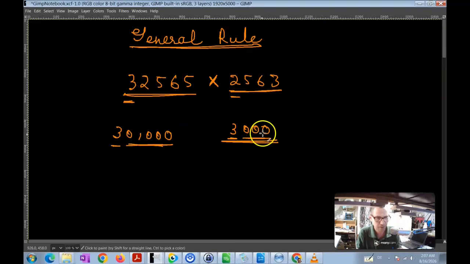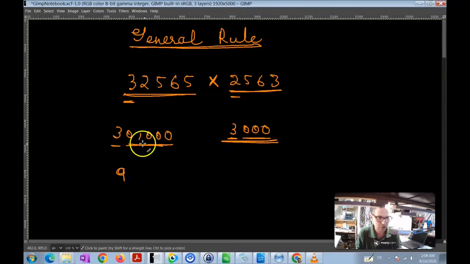So when you want to do this in your head, you don't care about the number of zeros over here or over here. You keep them as they are, but the digits have to be multiplied together. So 3 times 3 is equal to 9.